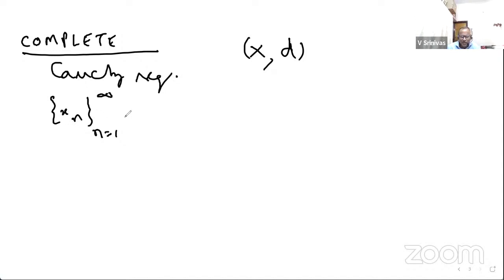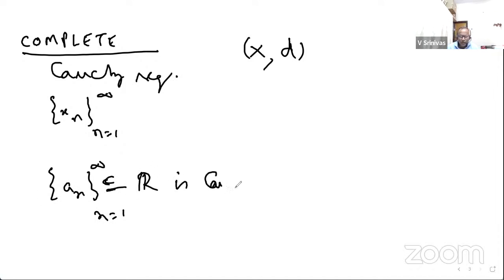When do you say this is Cauchy? If you have a sequence a_n of real numbers, n equal to 1 to infinity, when do you say this sequence is Cauchy? Can anybody tell me?